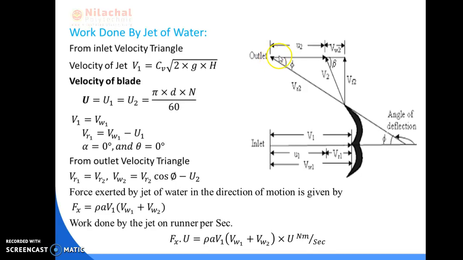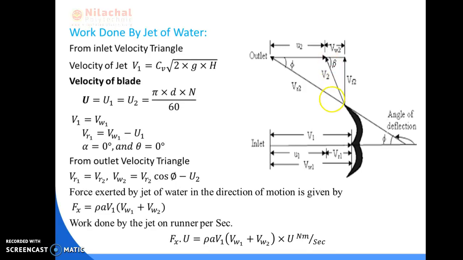Already you know that the horizontal line comes from the horizontal velocity of the water. Now the horizontal line is intersected by Vr2, the relative velocity at the outlet, and it makes an angle of phi. The jet velocity V2 is deflected by an angle of beta at the outlet, and it also intersects the horizontal line.